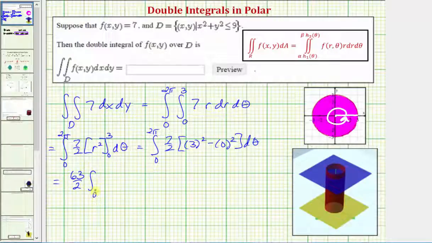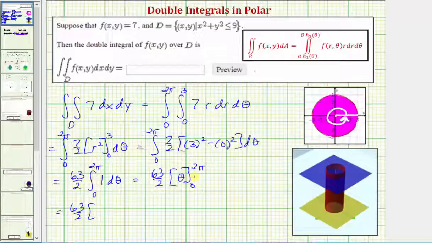times the integral from 0 to 2 pi of just d theta. So we'd have 63 halves times the antiderivative of 1 with respect to theta, which would just be theta. So we have 63 halves times the quantity 2 pi minus 0.